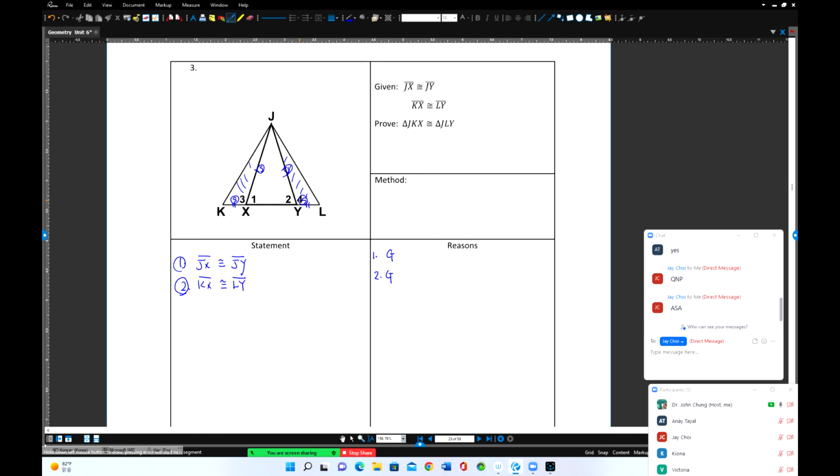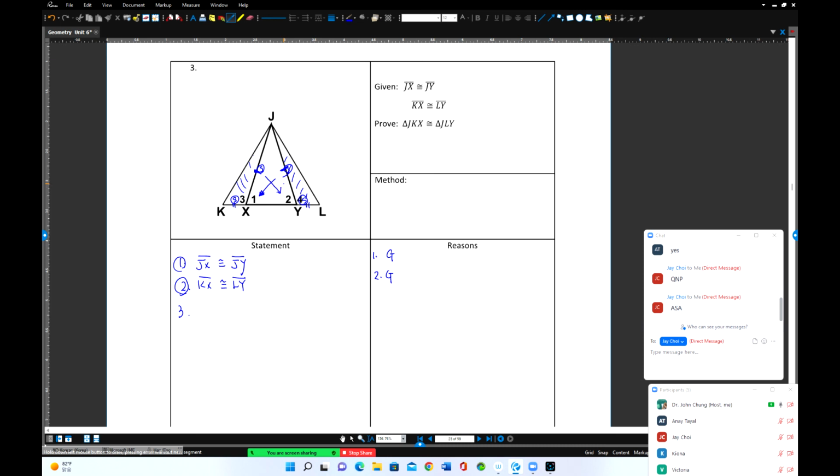But we need one more. Where is one more? Did they say anything about angle 1 and angle 2? Did they say angle 1 is congruent to angle 2? No, they didn't say about these two angles. We don't know. But we know that these two sides are congruent. Do you remember? The angles opposite congruent sides are equal.